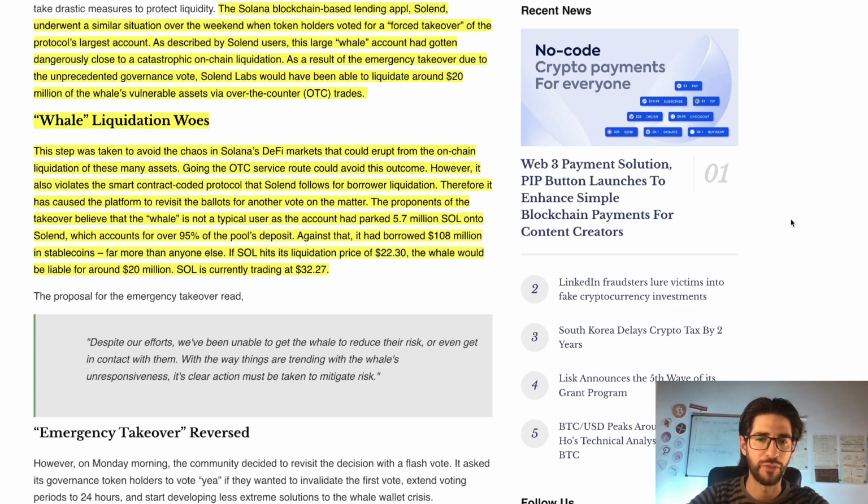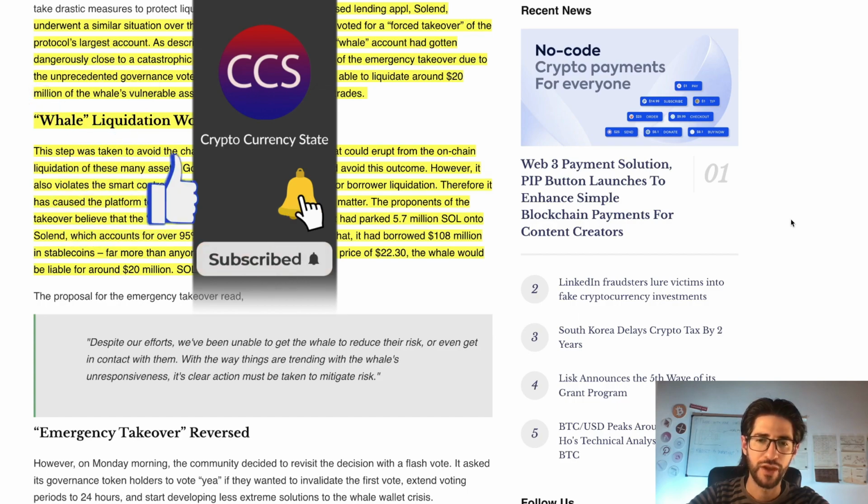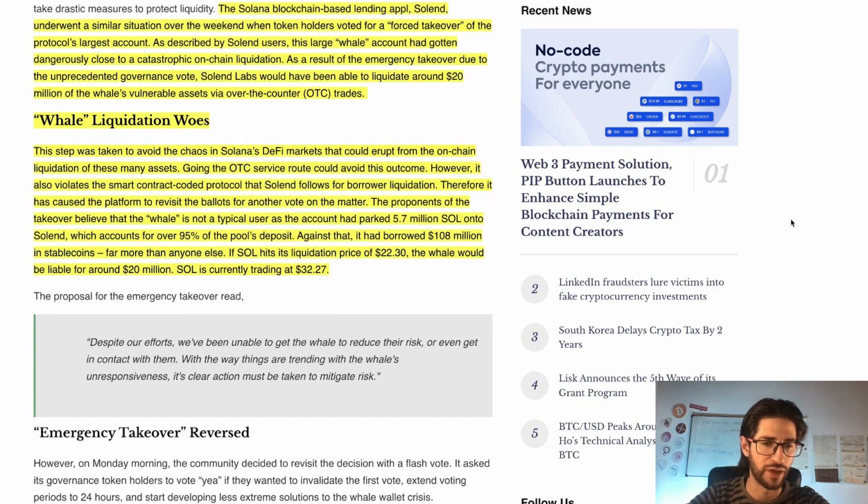Against that, it had borrowed 108 million in stablecoins, far more than anyone else. If SOL hits its liquidation price of $22.3, the whale will be liable for around $20 million. SOL is currently trading at 32.